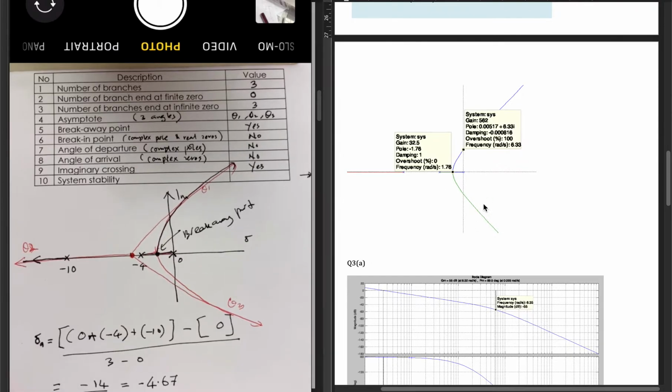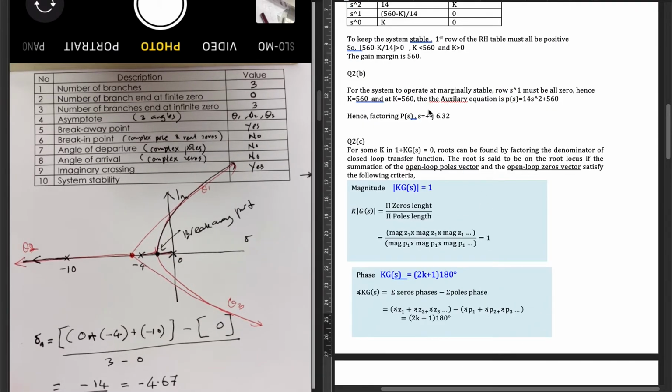So if we determine from the previous answers, 560 is when k is here. The roots of the closed loop system cross this at this point, and the k at that particular point is 560.